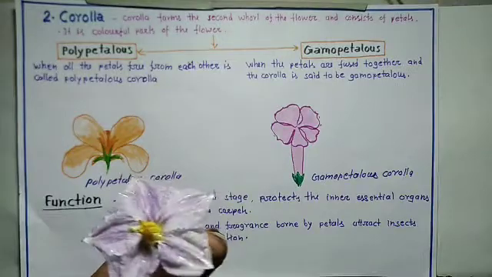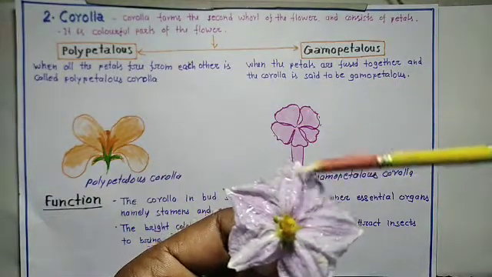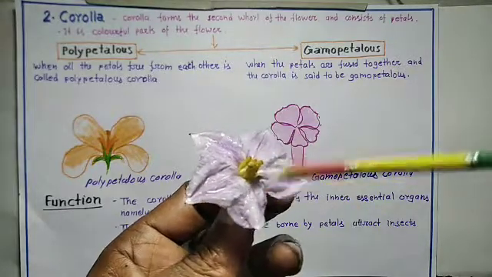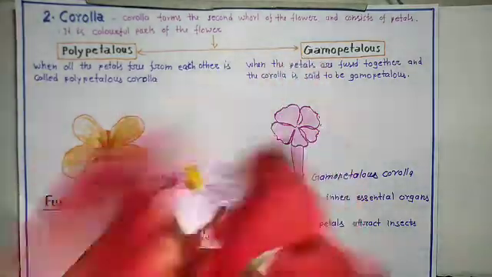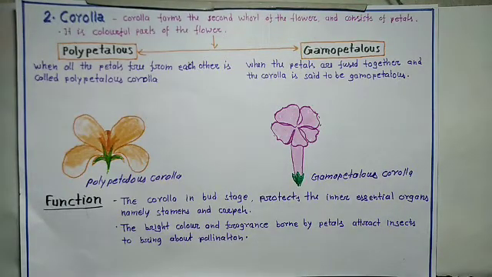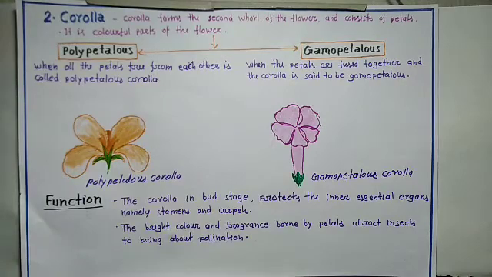Okay. All the petals connect to each other, join to each other. But in this other flower, all the petals are free from each other. So this is called polypetalous and this is called gamopetalous.